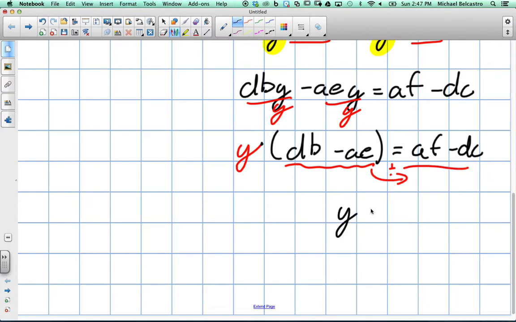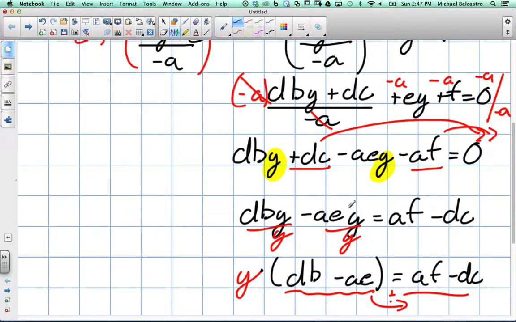And we'll get y is equal to af minus dc over db minus ae. You can switch around whether the f and the a are first, the d or the c are first. All of that works out fine as long as we have them beside each other because of a multiplication rule. So that isolates for y.